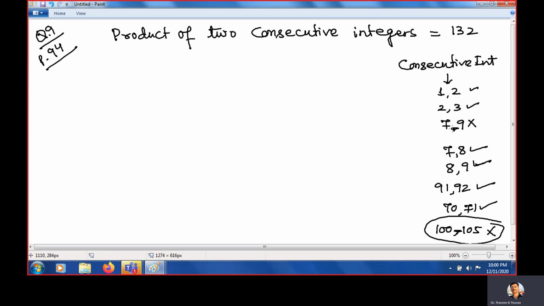Here also there is a gap, because 8 is not there. Clear? There is no gap: 1, 2, 2, 3 like this. So these are consecutive integers.